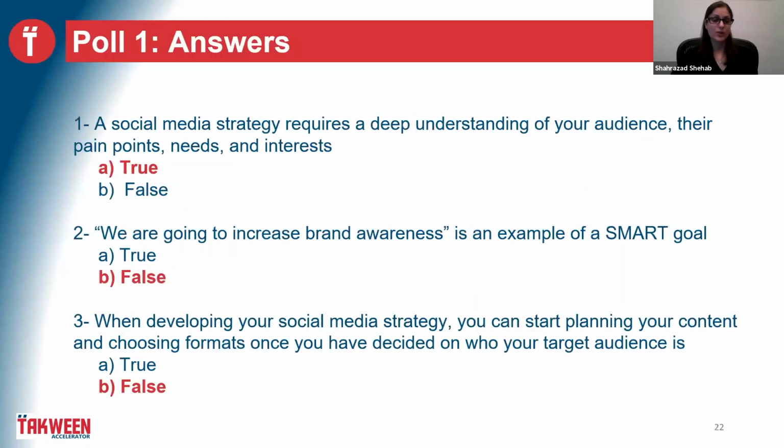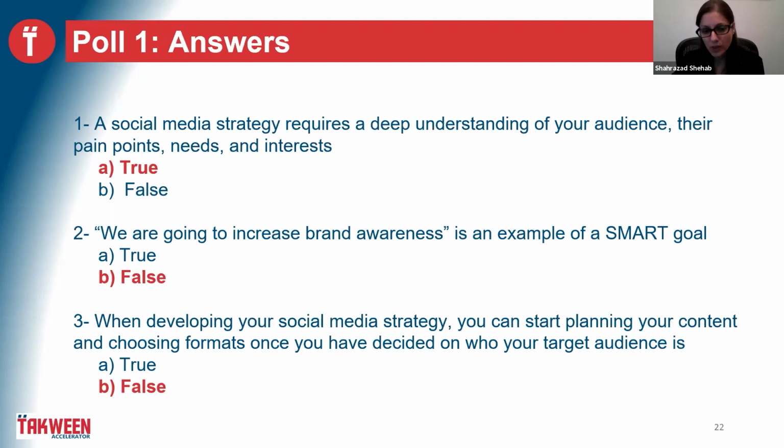Let's see what the correct answers are. A social media strategy requires a deep understanding of your audience, their pain points, needs, and interests. Yes, this is true. "We're going to increase brand awareness" is an example of a SMART goal. False. This goal is not specific, it's not measurable, and it doesn't have a time limit.